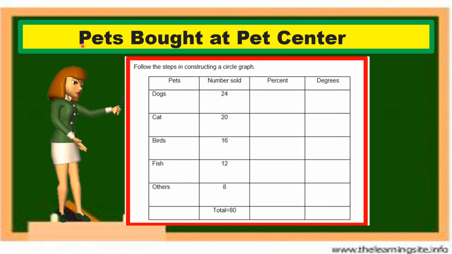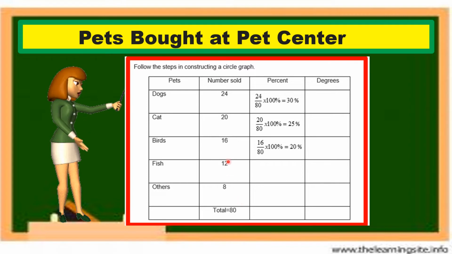So we need to complete the table. First, we need to find the percent. That is 24 over 80 times 100. That is equal to 30%. 20 over 80 times 100. That is 25%. 16 over 80 times 100.